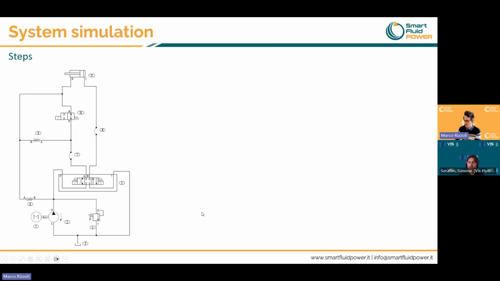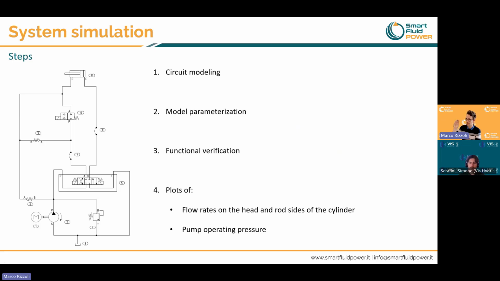Okay, we have different steps in this example. The first one will be the modeling of the circuit, so building the layout of the model. Plus, we will insert the parameters for each component. Then we can start a simulation. We can check the functionality of the model with an animation of the scheme.